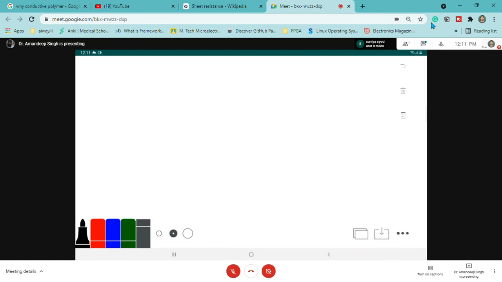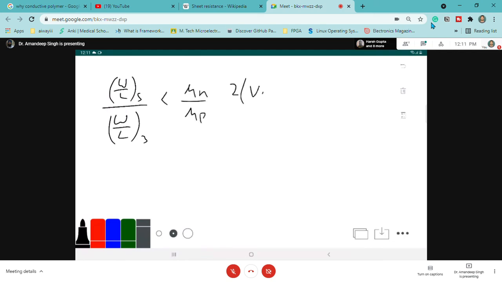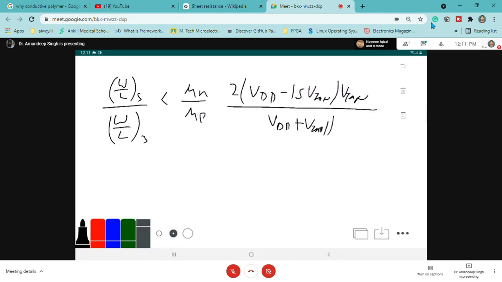Okay, so I think this is the formula: W by L of 5 divided by W by L of 3 is less than mu n by mu p times (twice VDD minus 1.5 V threshold of n) times V threshold of n, divided by (VDD plus V threshold of p) whole square. So you have to find W by L of 5. W by L of 3 is given to you, that is 2 by 4.